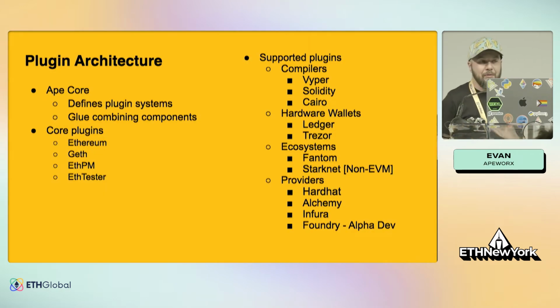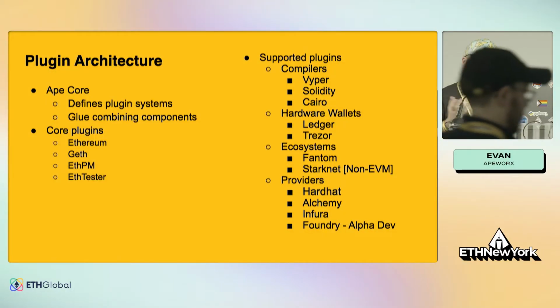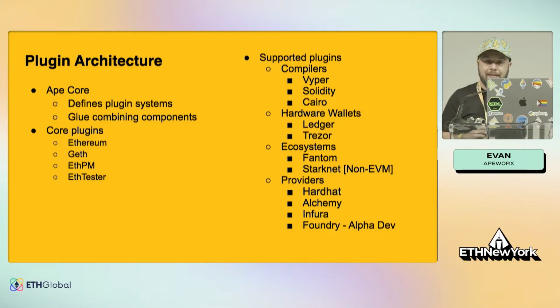All right, so we talked a little bit about the plugin architecture. Let's dive just a little bit deeper because one of our bounties is writing a plugin. So you might say, Evan, what's this plugin thing about? We have Ape Core, which is basically the glue and defines how these components are going to interact with each other.